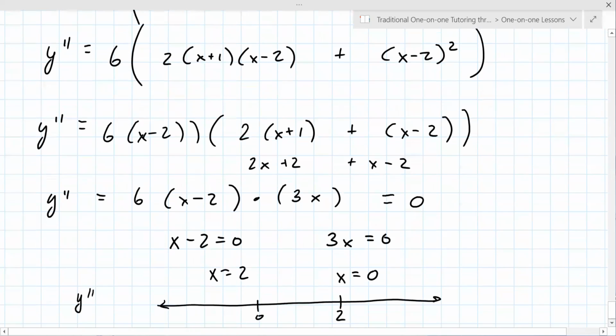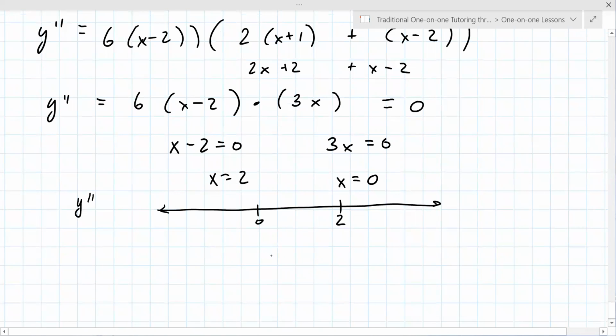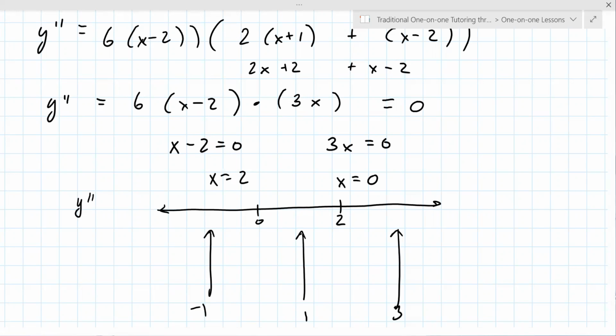Okay, and your test points can be anything in between. You're testing them back in the factored form. So maybe we test -1, test 1, and then test 3. So you can test it in the 6 times x minus 2 times 3x, right? Yes. All right, so -1.